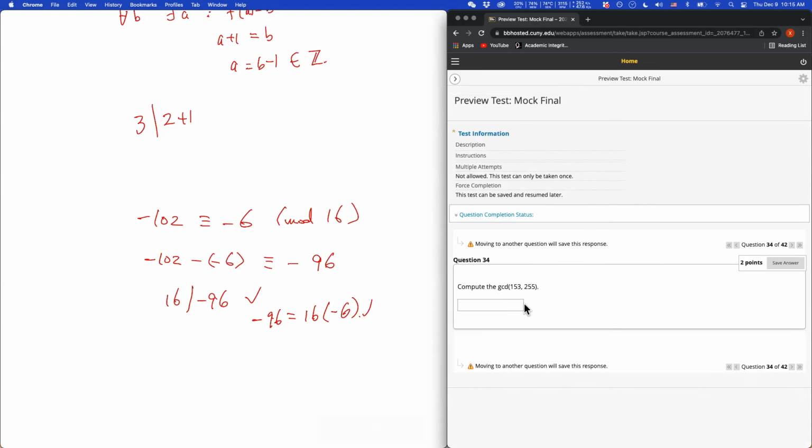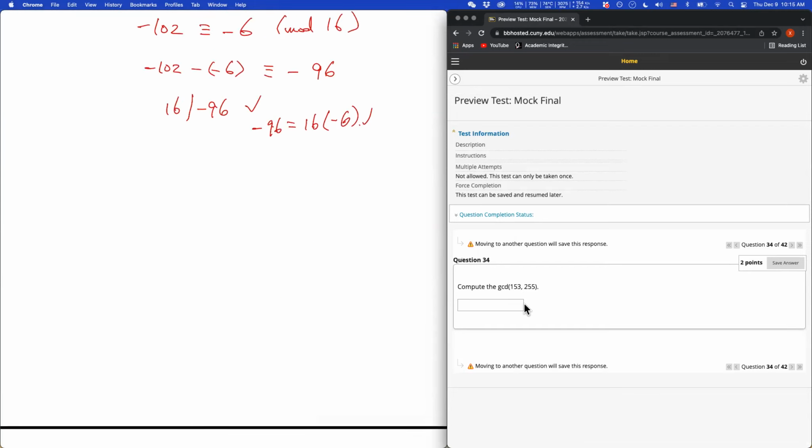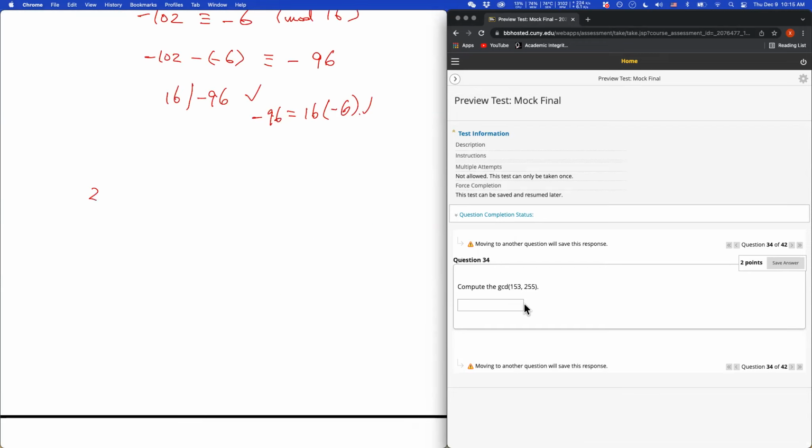Okay, next it will be GCD. Well, to check the GCD, you can do the Euclidean algorithm. 153 will go into 252 one time with a remainder of 102.